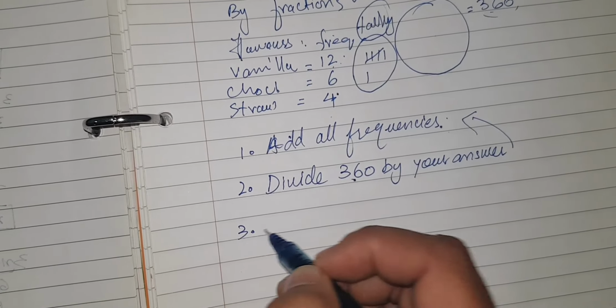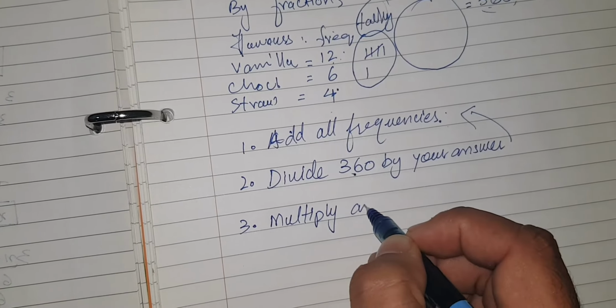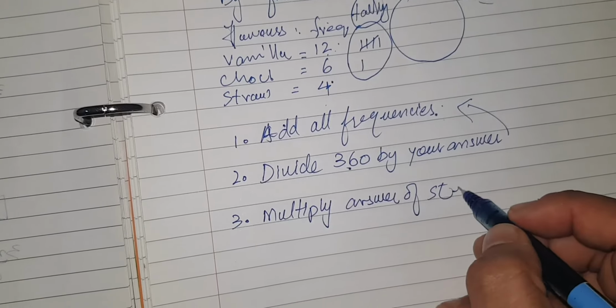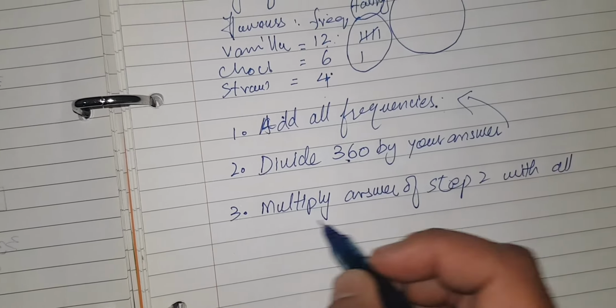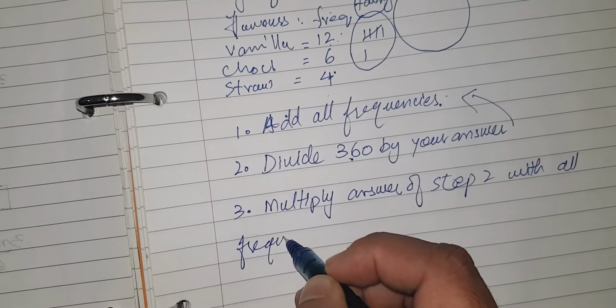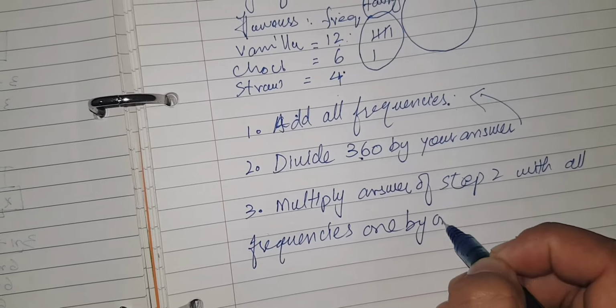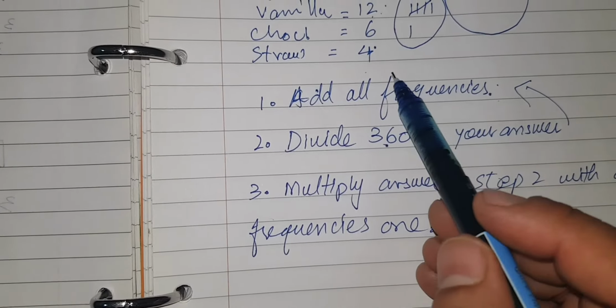And third is multiply the answer of step 2 with all frequencies one by one. Now what does it mean? Let me follow the steps.